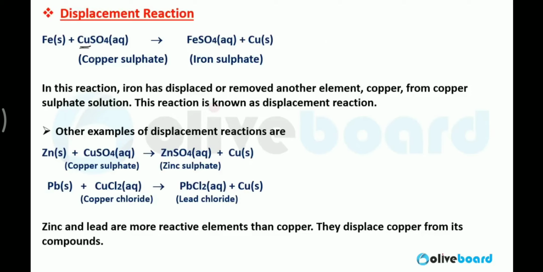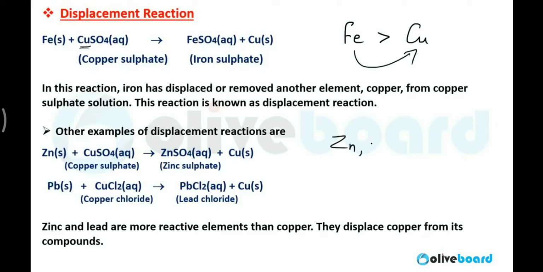Such a reaction is called a displacement reaction, and it depends upon the reactivity of the metal. Because the reactivity of iron is greater than copper, iron can easily replace copper.